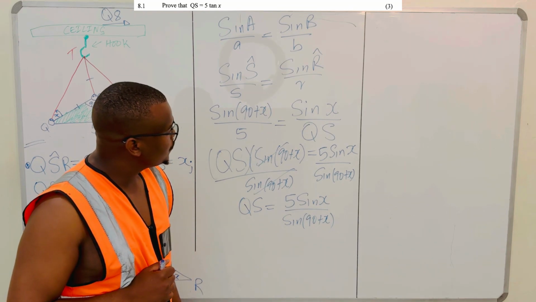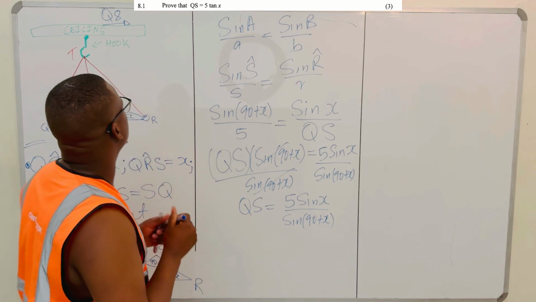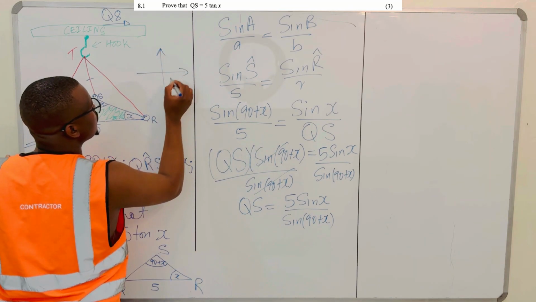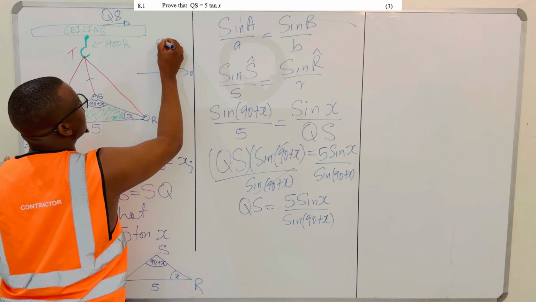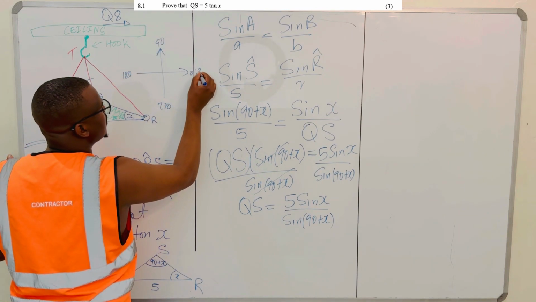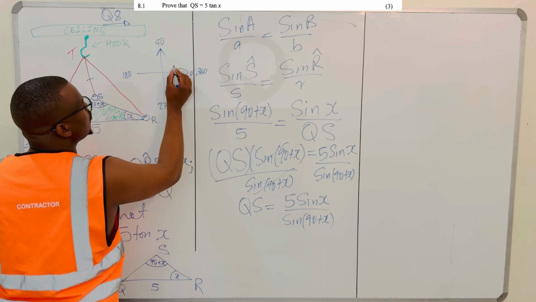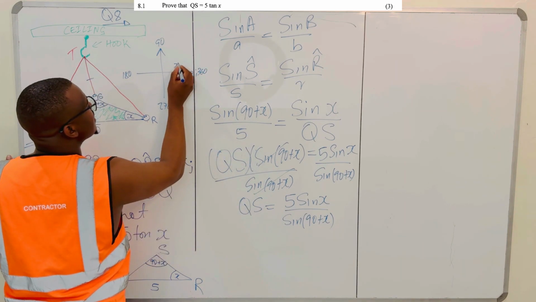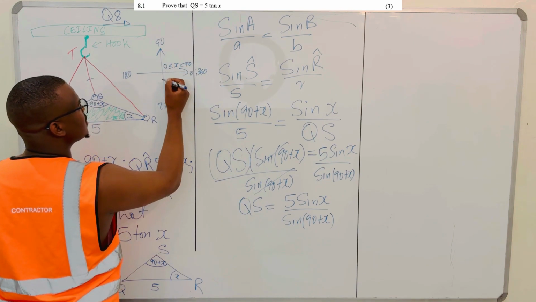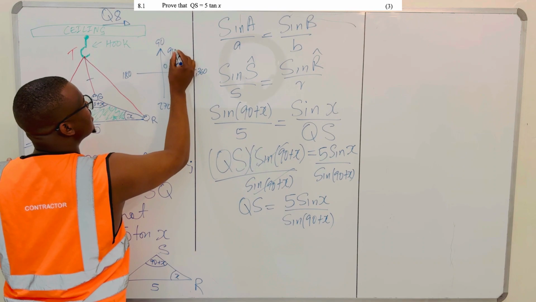What do you do now? To work with these things, you must know this kind of situation here: 0, 90, 180, 270, and 360. So your x values, your angles here, are less than 90 but greater or equal to 0 degrees. These angles are less than 90 degrees.